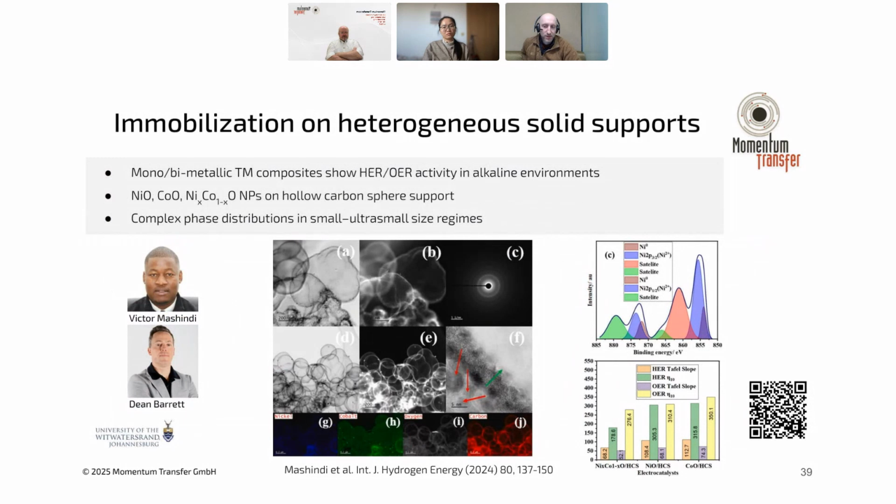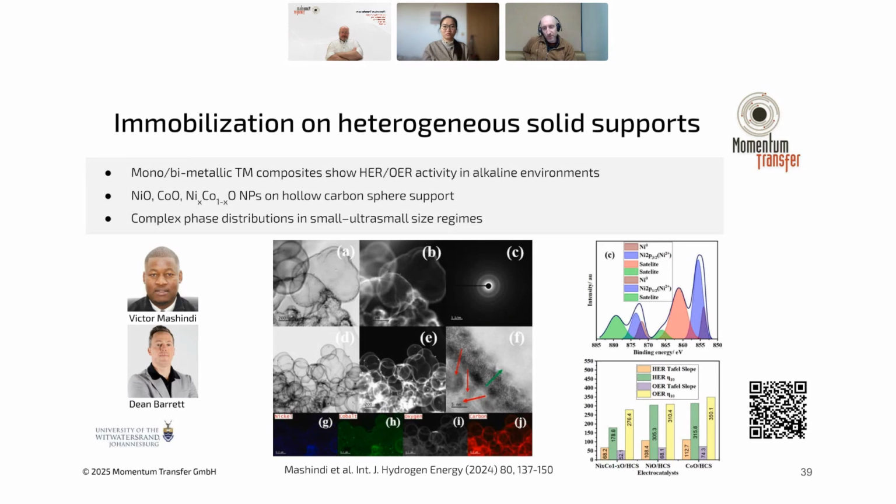These are some really fantastic collaborators that I've worked with from Wits University, Victor and Dean, and they've been developing these mono, bi, and even trimetallic transition metal composites, particularly for hydrogen evolution and oxygen evolution reactions.